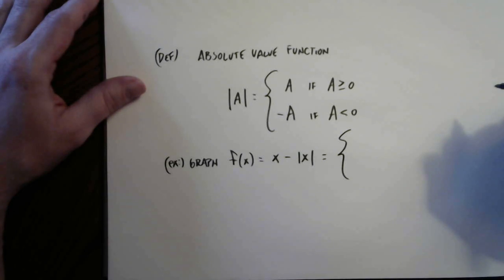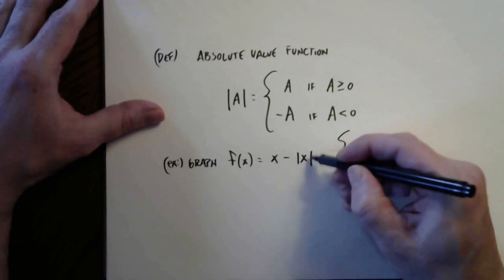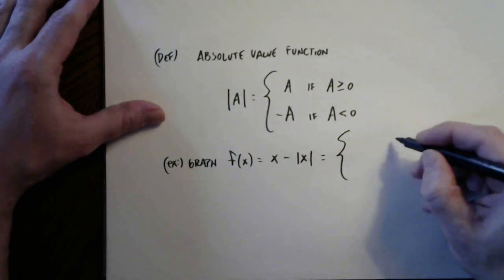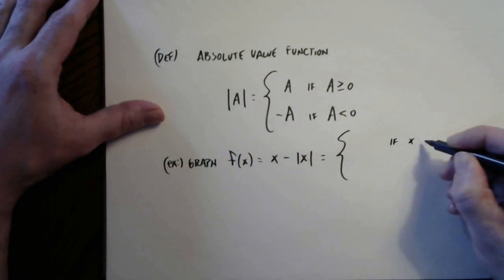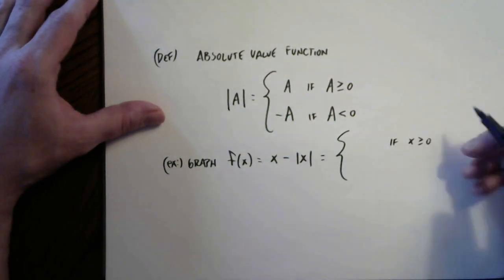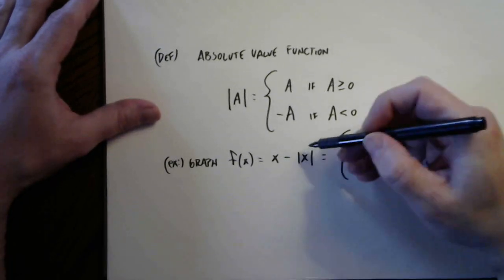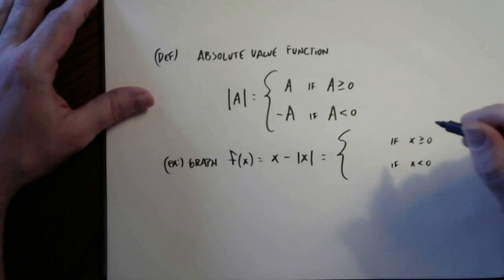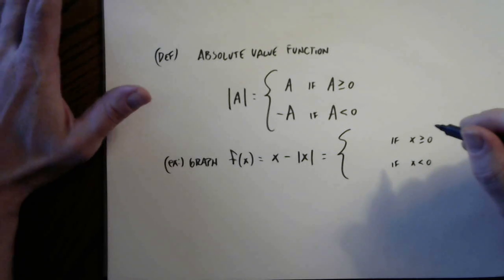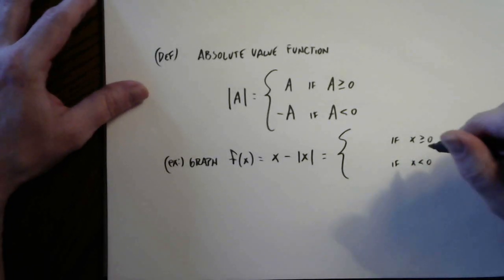So what's the condition? Well, what's in here is x. So I'm going to say if x is greater or equal to 0, or if x is less than 0. We'll leave it at this for now.